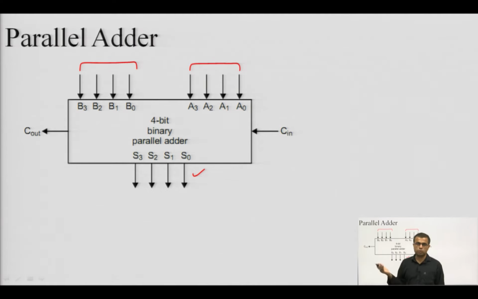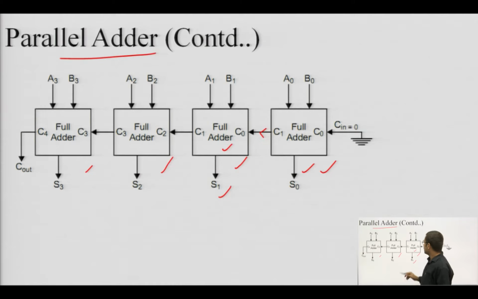Intermediate carries are not shown here, because they are part of the internal circuit processing, and this is my final carry, which will be the output of the last stage full adder. Okay. So, this is the block level representation of the parallel adder. Further, this is also a block level representation, because we are not using the component level structure, as it would be very difficult to show that 4 bit parallel adder with the actual components, because in the last lecture we have already seen that a full adder in itself has multiple components.